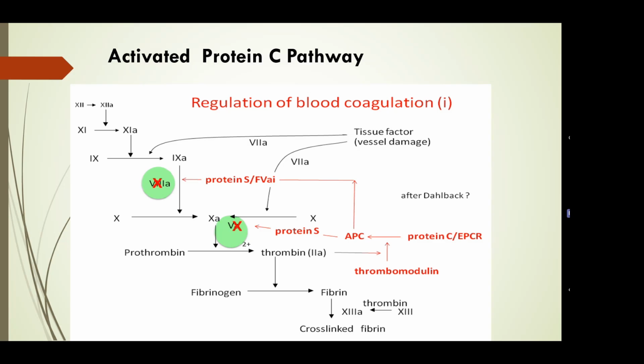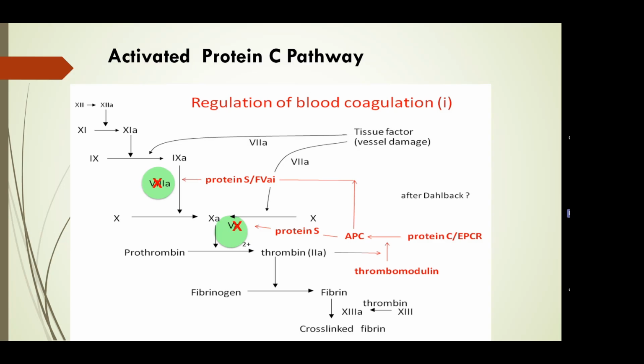It inactivates factor 8 and factor 5 so that they are no more available to contribute to the process of blood coagulation. So it's a natural process of regulating blood coagulation.